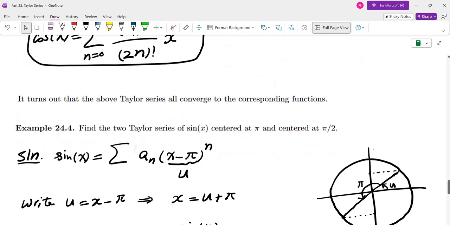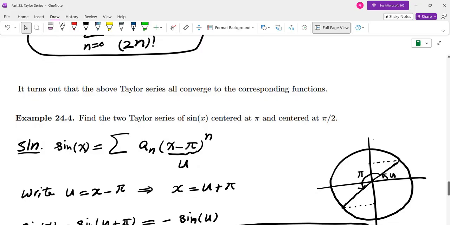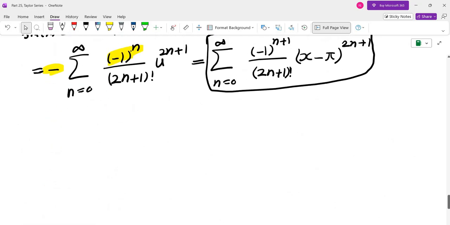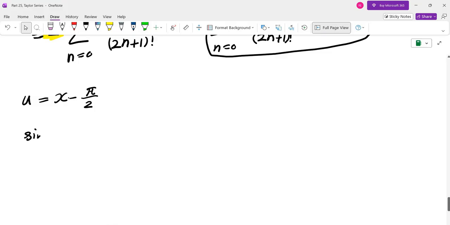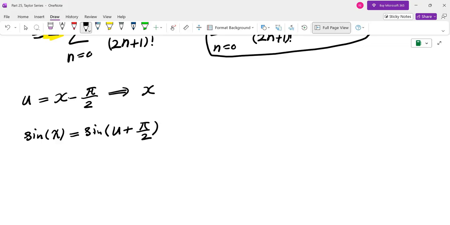The next part is the Taylor series for sine centered at pi over 2. We'll do something very similar. We take u equals x minus pi over 2. That tells us sine of x is equal to sine of u plus pi over 2, because x is equal to u plus pi over 2.